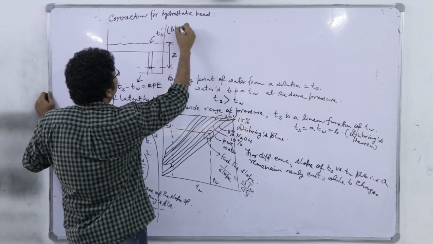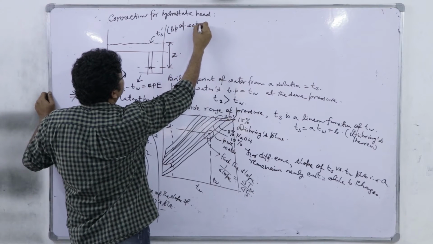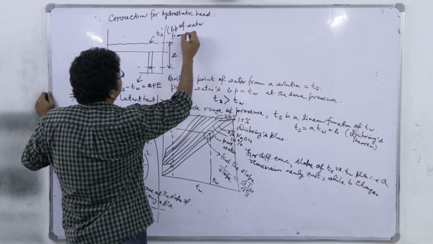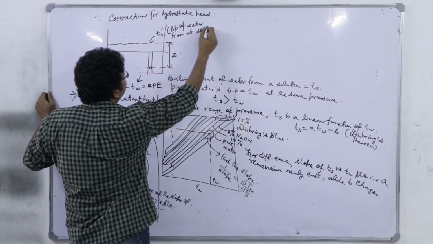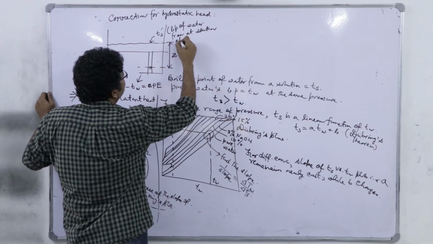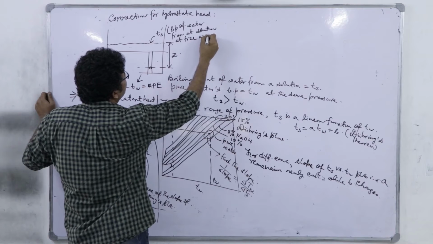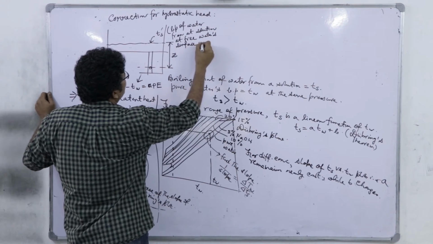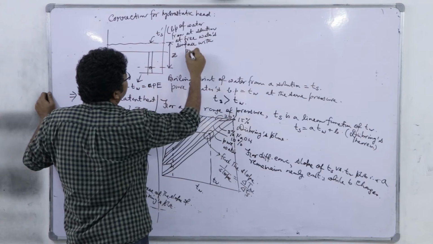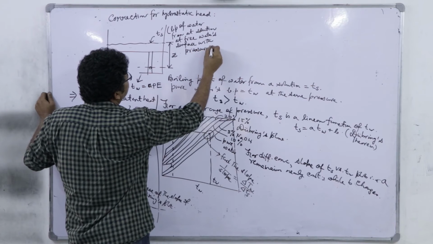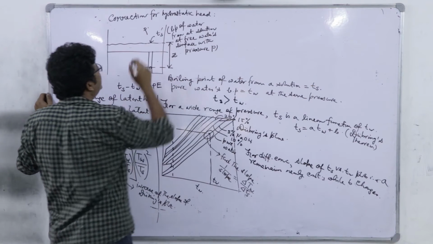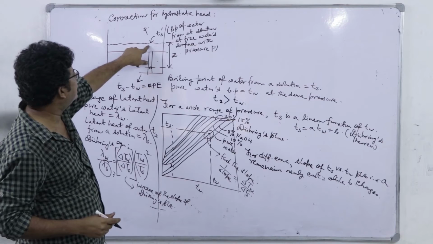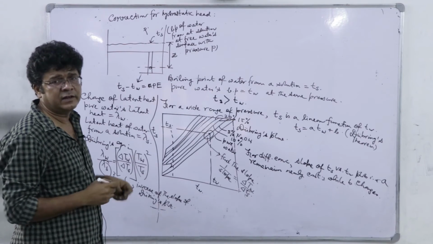So the boiling point of water from a solution at the free surface with pressure P. So here the pressure is P. Under this condition, at this point it is Ts prime.